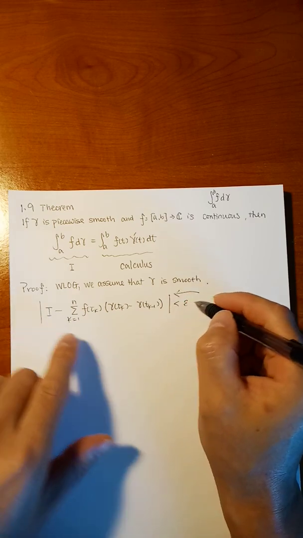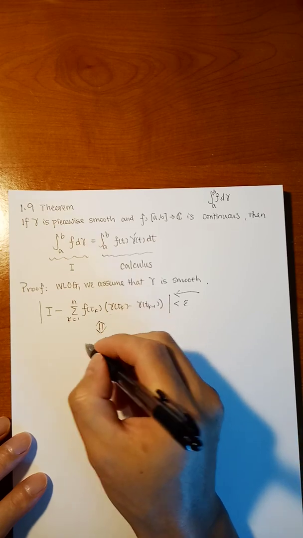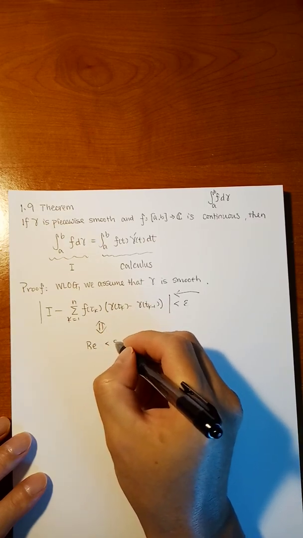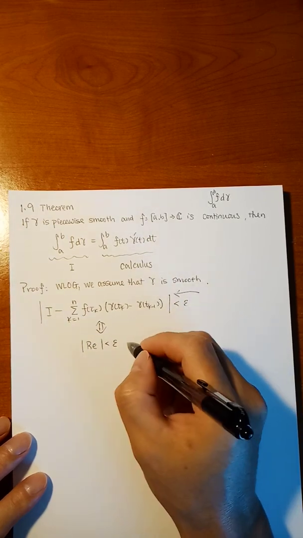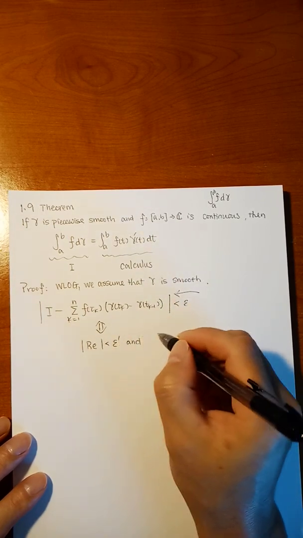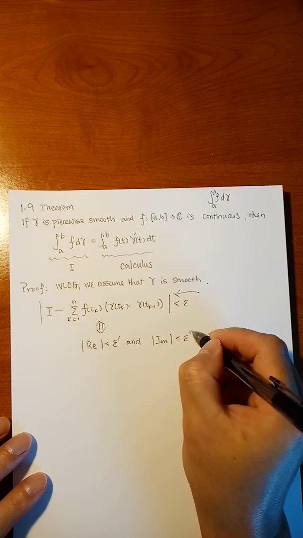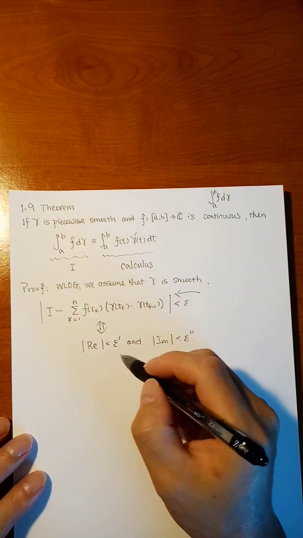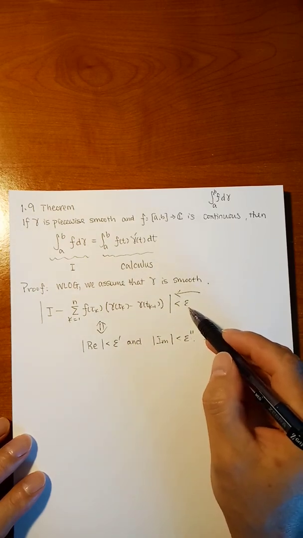When the modulus is less than epsilon, it is equivalent to the real and imaginary parts both being small, with epsilon prime for the real part and epsilon double prime for the imaginary part.